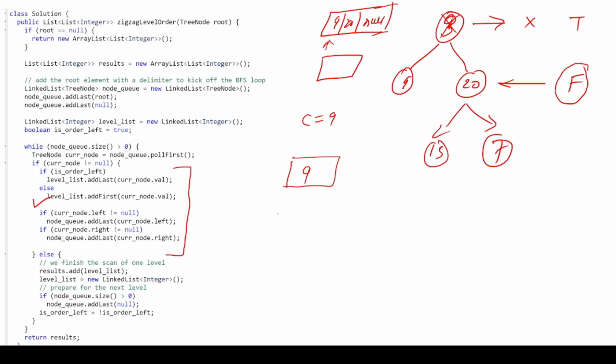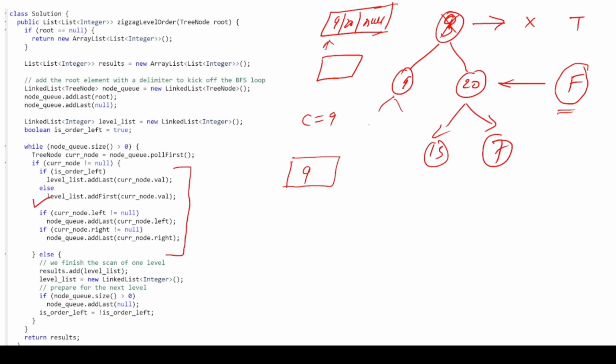So we will come, and if isLeft is now false, once it is false, we have 9 and 20 onto the list. Now we will add 9 here onto the list, and then we will move to its children.